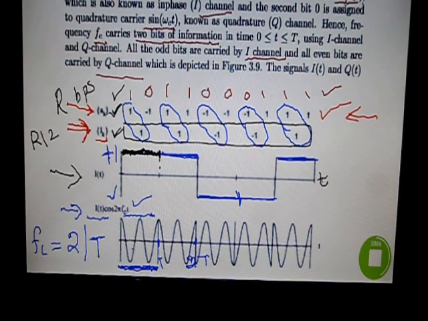would give you this waveform, which is represented in this first period. For the second period, again we are multiplying the cos waveform with the positive polarity, so you get the same waveform.